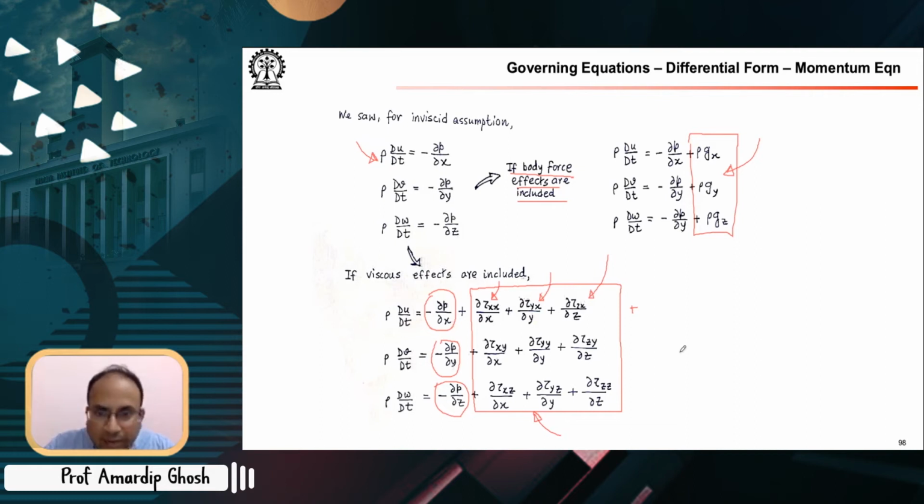Now there are nine different taus, and by now you understand that the subscripts tell you which plane and which direction this particular shear or normal stress due to viscosity is acting on. If you bring in the body force terms, then you have to add some extra terms. And you understand that this is the most generic expression, at least a relatively generic expression.